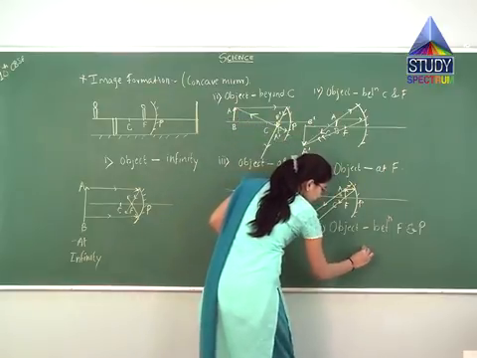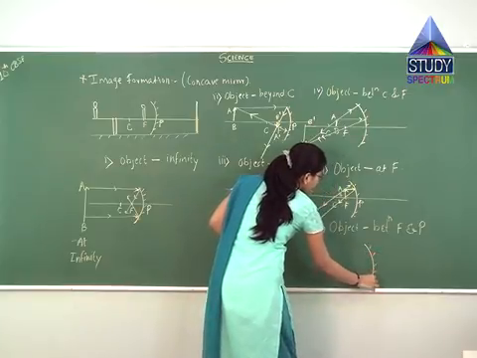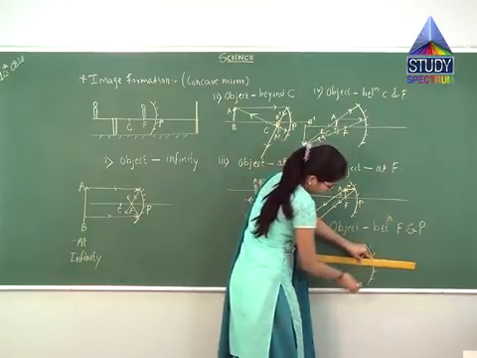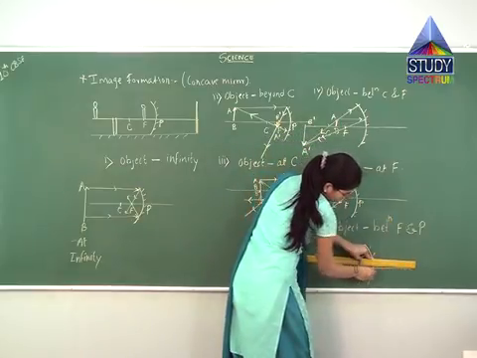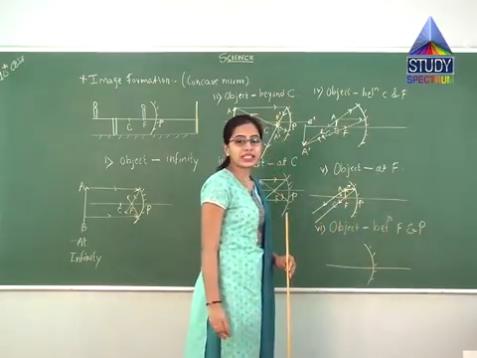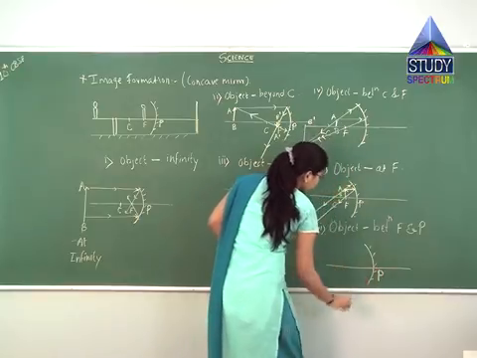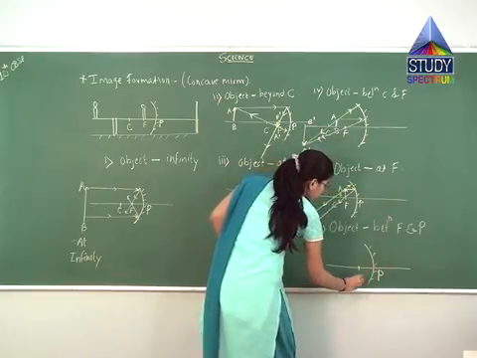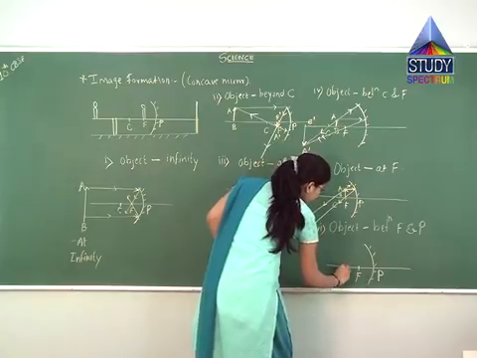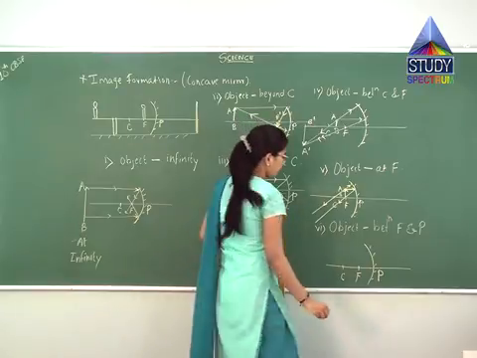So here I have a concave mirror again. This is the principal axis, this is the point pole of the mirror, this is suppose the focus, and this is your center of curvature C.